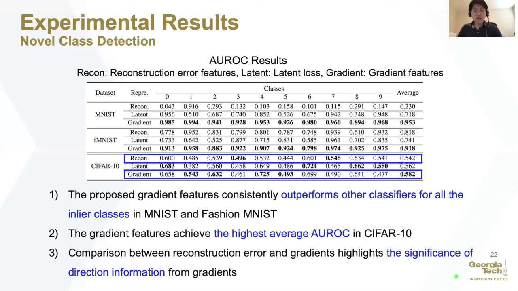Finally, given that the reconstruction error is backpropagated to generate the gradient features, we can understand the significance of directional information from the gradients by comparing the performance of the reconstruction error and the gradients. In all three datasets, the performance from the gradient features outperformed that from the reconstruction error by at least 0.04 AUROC scores.